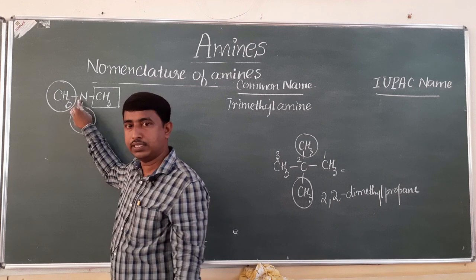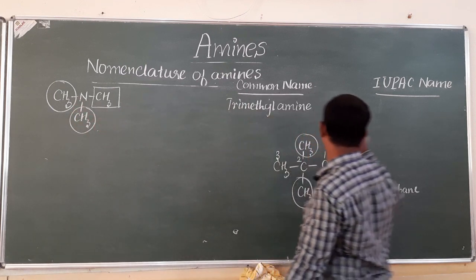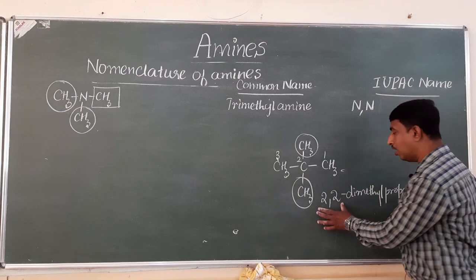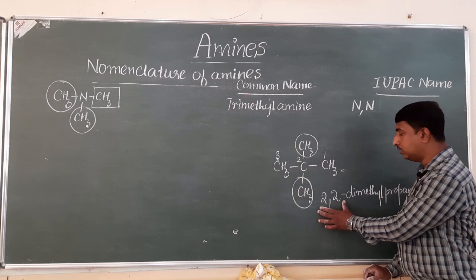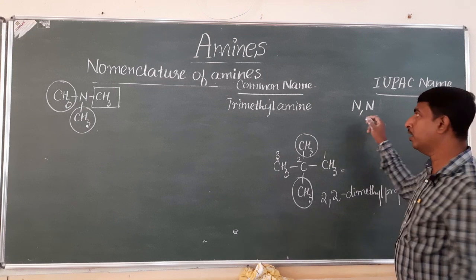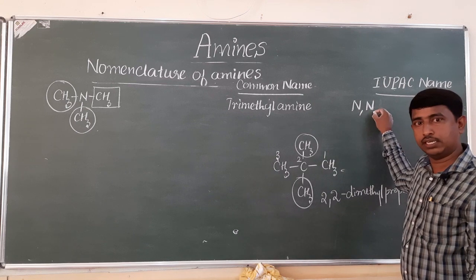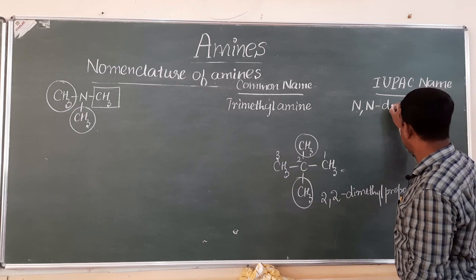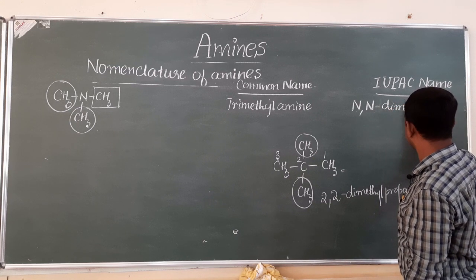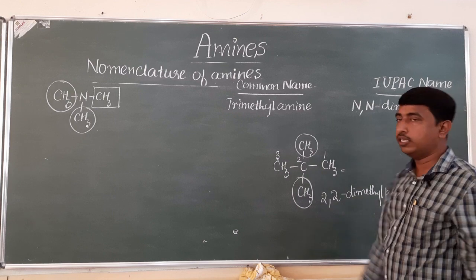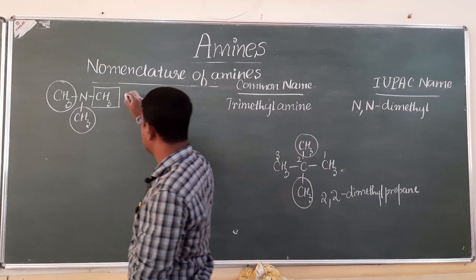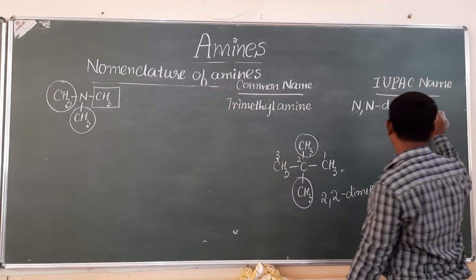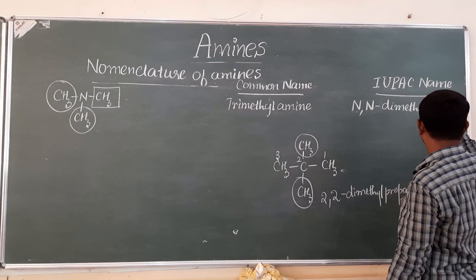Here also you have to follow the same method. 2 alkyl groups are present on nitrogen only. So I have to write N,N. Both the alkyl groups are present on nitrogen, so it is N,N dimethyl. The parent chain contains only one carbon, so it is methane.